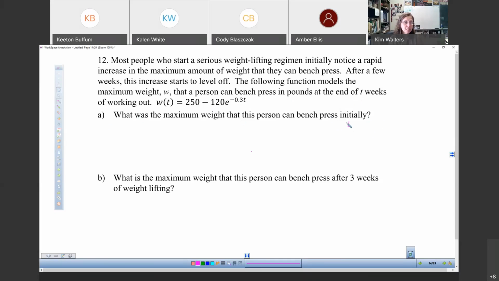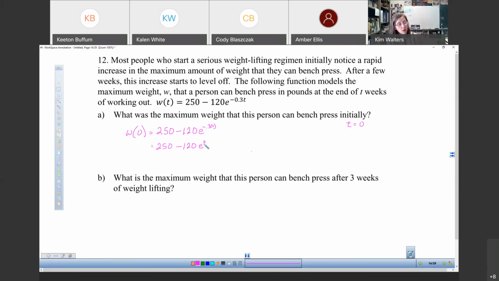Well, initially is when T is 0. And so what this is asking me to do in disguised method is to find W of 0. That means I would put 0 in for T. So I have 250 minus 120 times e to the negative 0.3 times 0 power. We're going to actually do this part without a calculator. So 250 minus 120 times e to the 0 power.